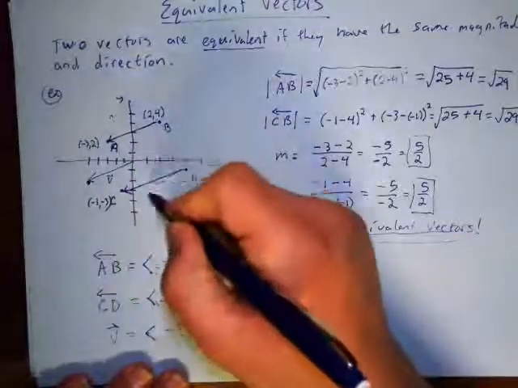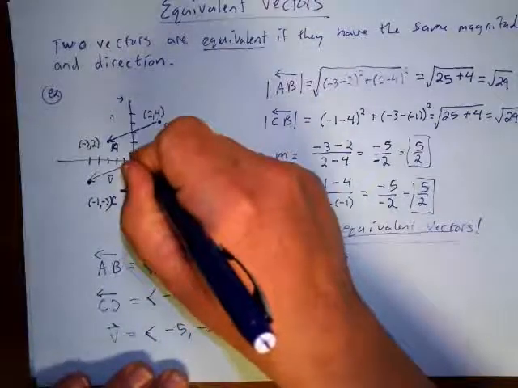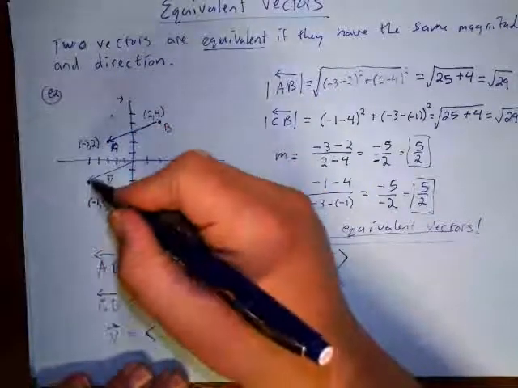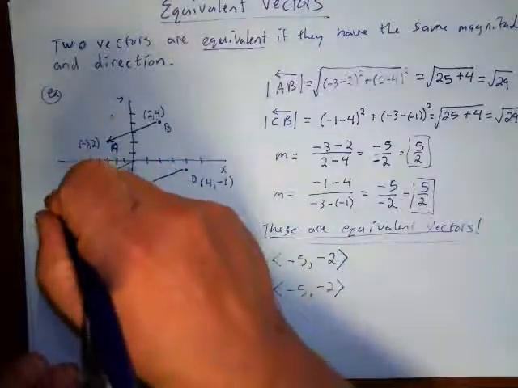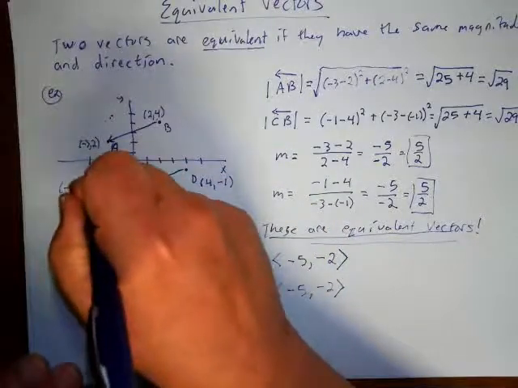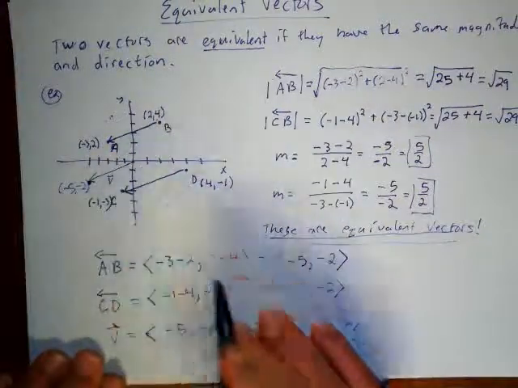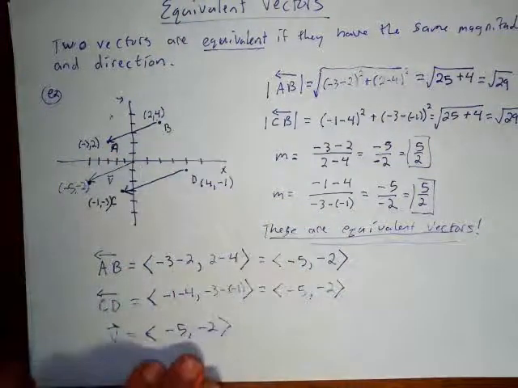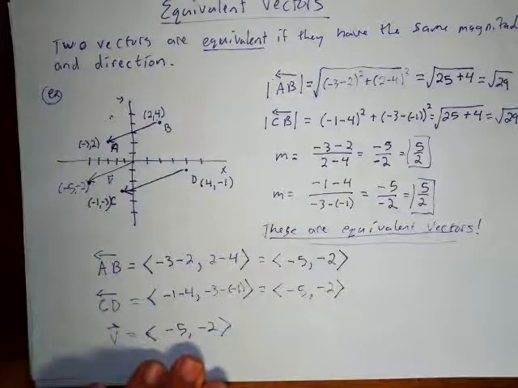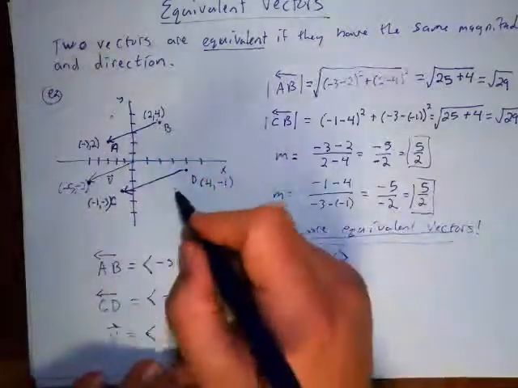Now all three of these are equivalent because this would be 0, 0 over here, and this here is [-5, -2]. So if you took negative 5 minus 0, negative 2 minus 0, you would of course get this component. So all three of these are equivalent vectors.